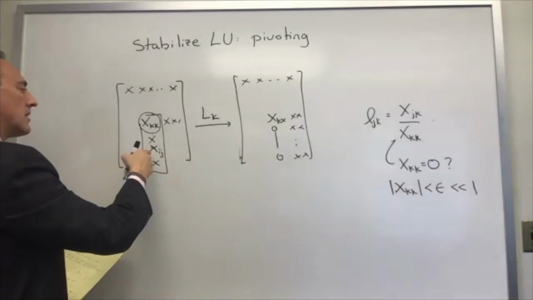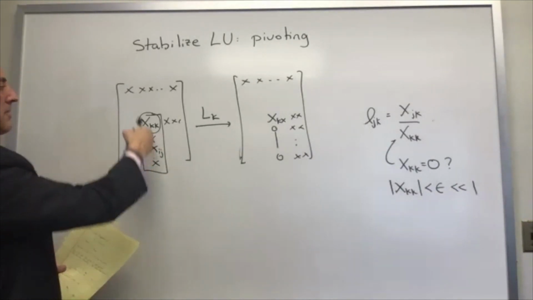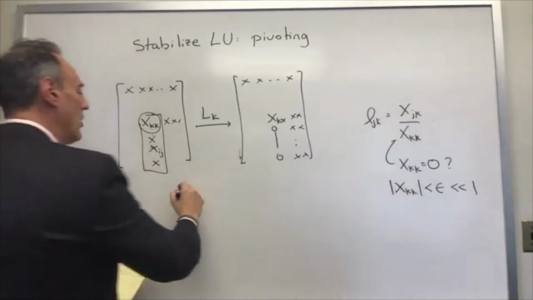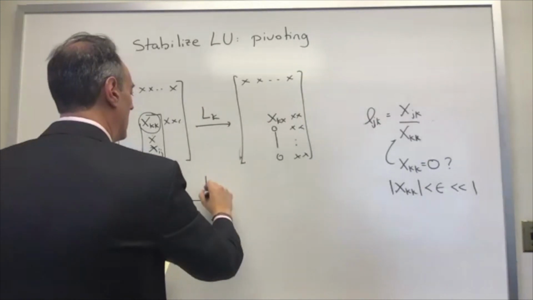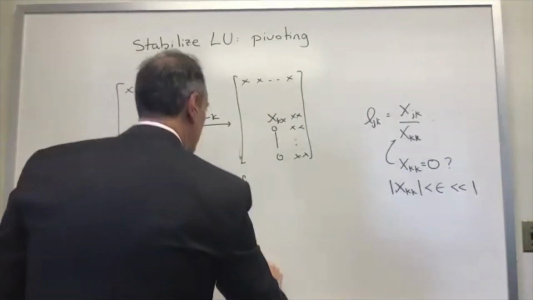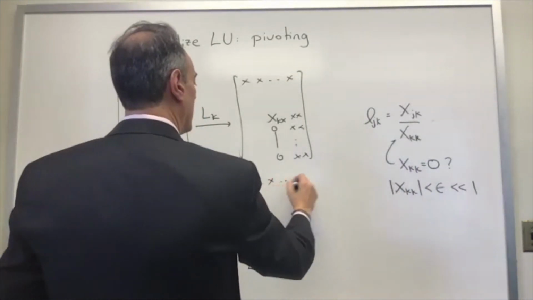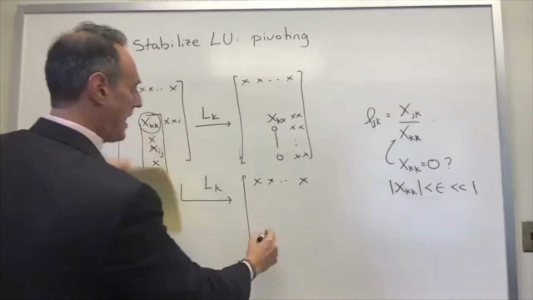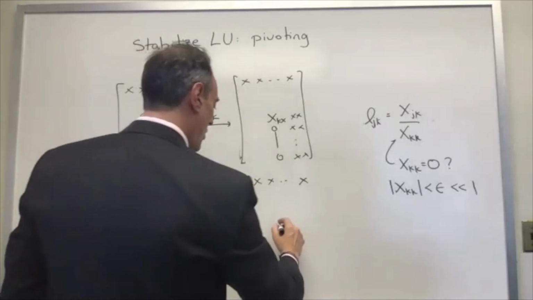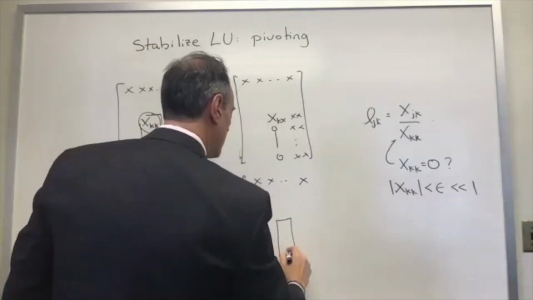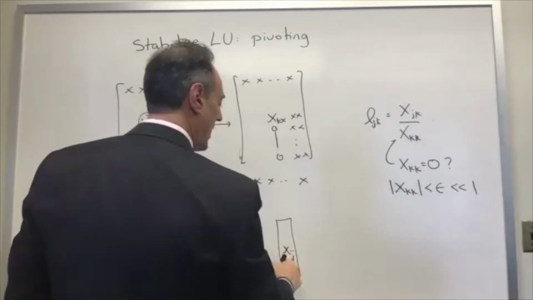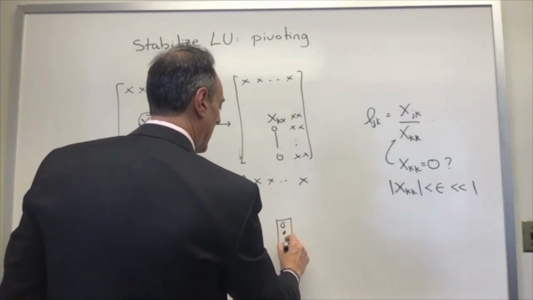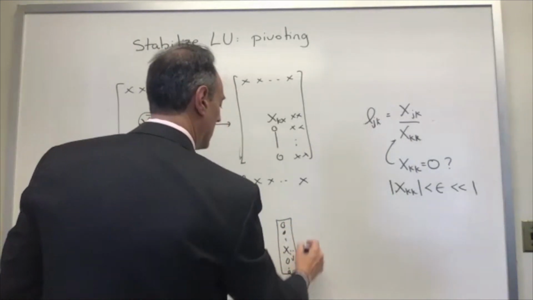And I could say, let's actually pivot on there. Let's actually make everybody else zero. So one imagines that you could just say, let's redo this, but at the xkk position, I'm going to go ahead in that column and say xij is the one I want to keep, and I make everybody else zero.